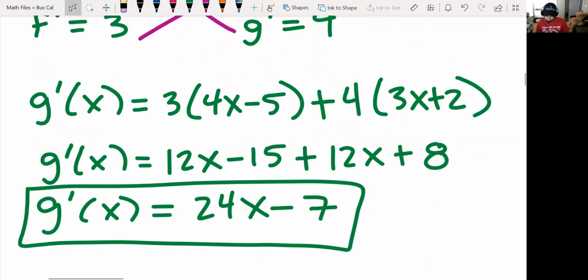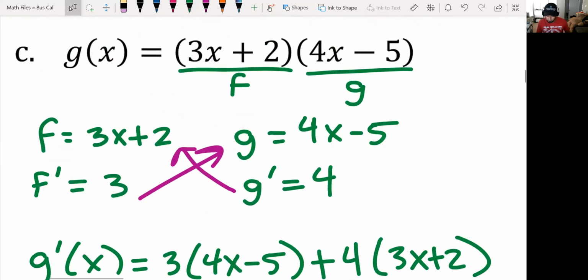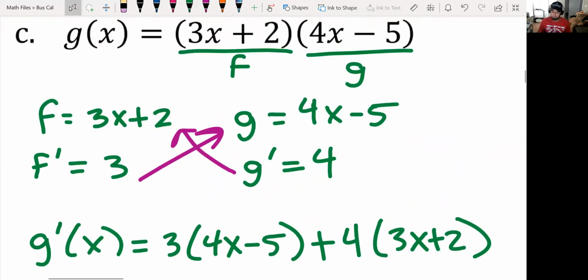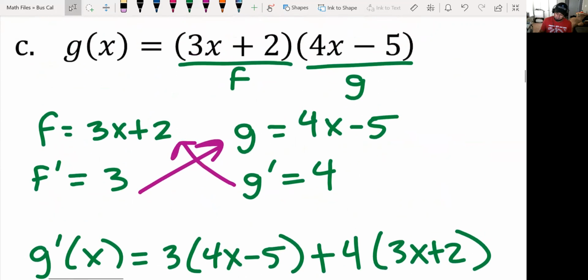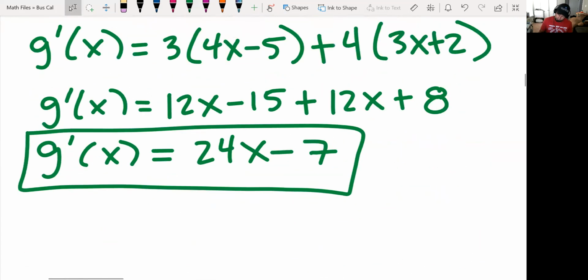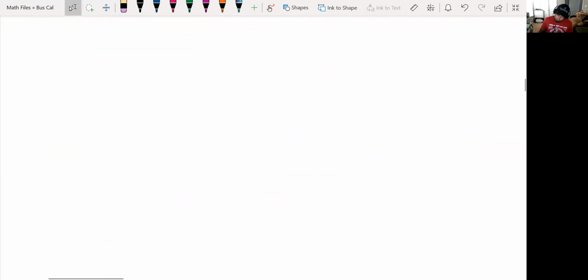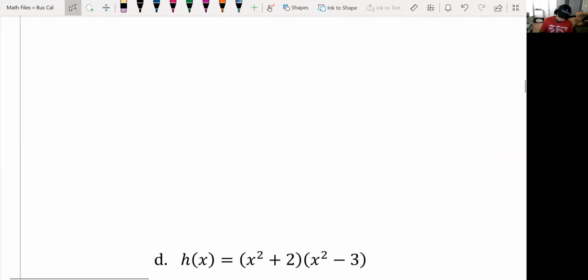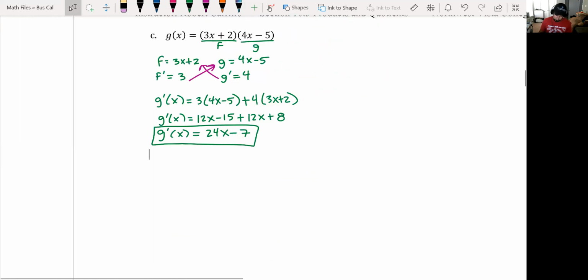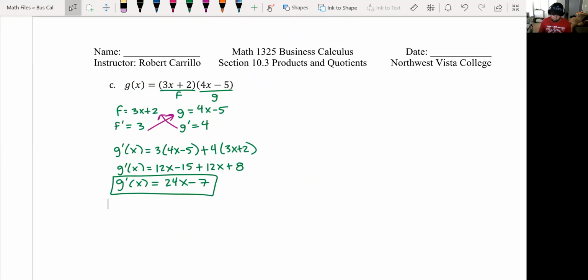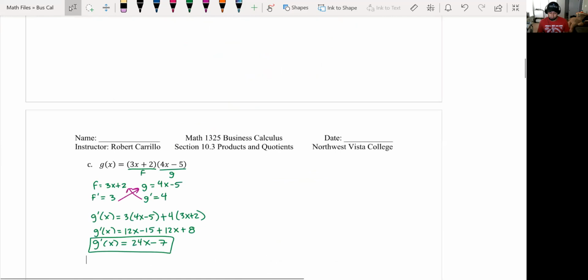Done. Yeah, guess I could have used more room.